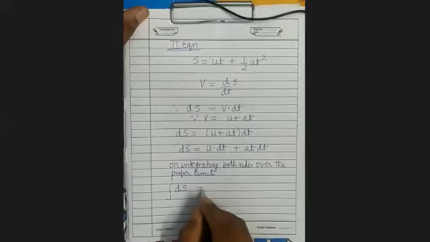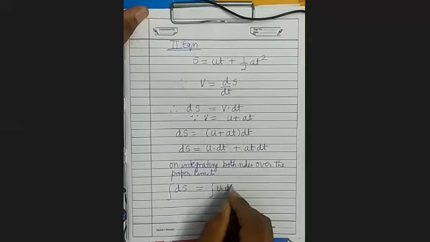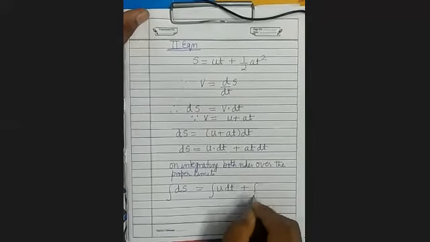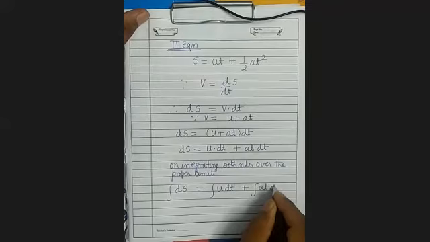So integral u into dt plus integral at into dt.